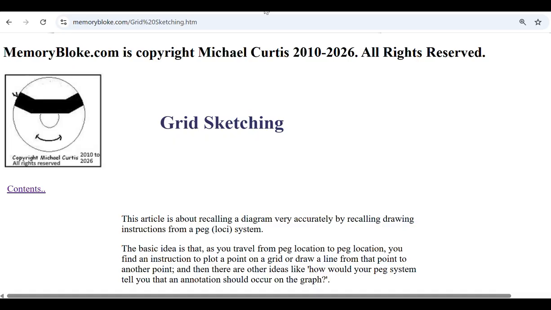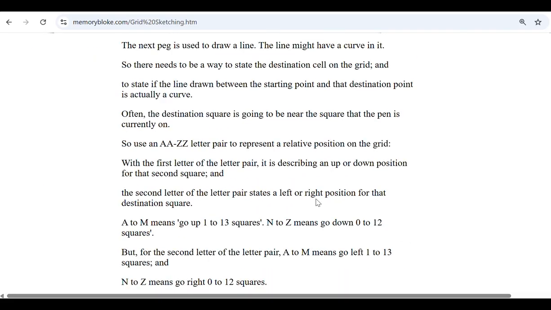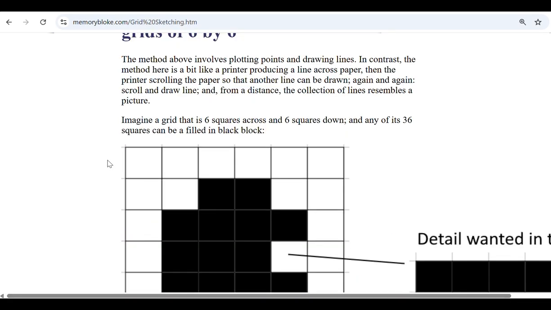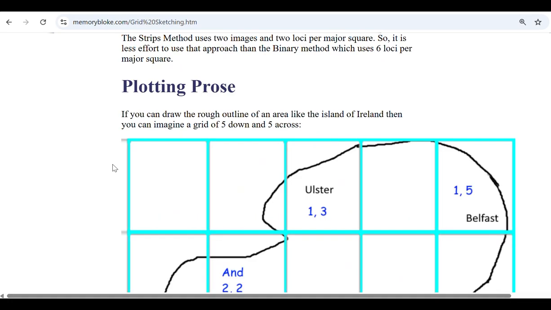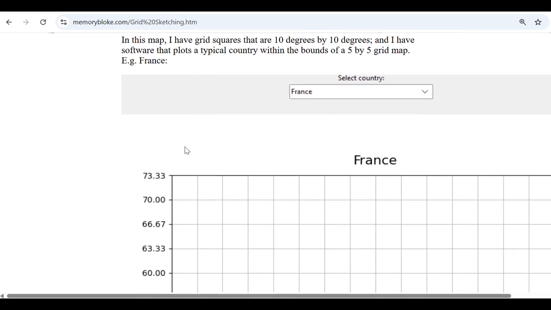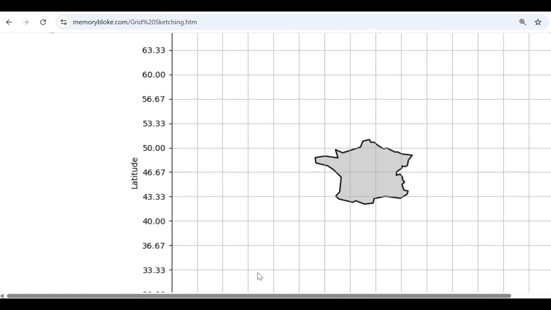Today, I did some editing of the grid sketching article at memorised.com. In amongst the different ideas for plotting things on maps, I did a bit of editing and put in a new feature, plotting a country, where I use acrostics to try to express how to fill in each of these little squares of a world map, how much to fill them so that you get the rough idea of the shape of a country.